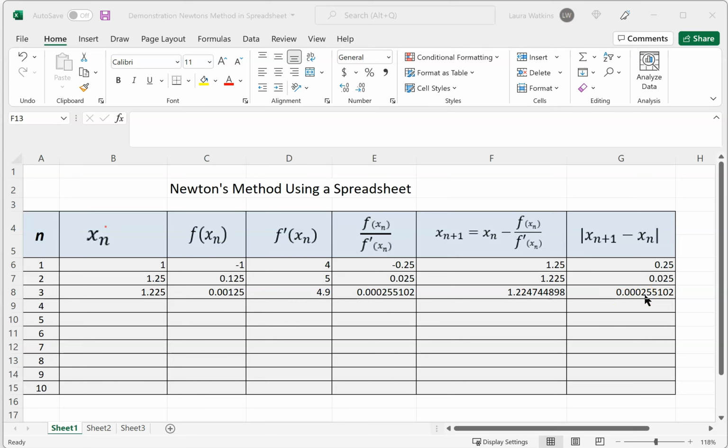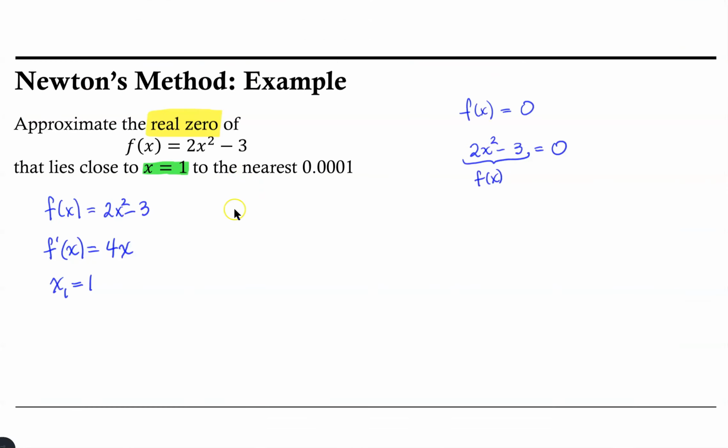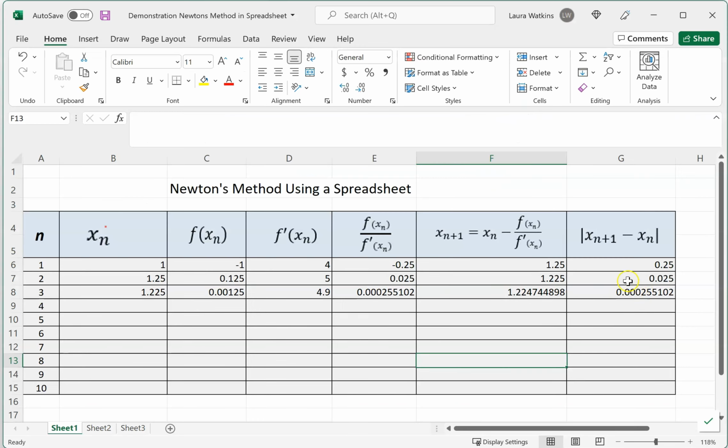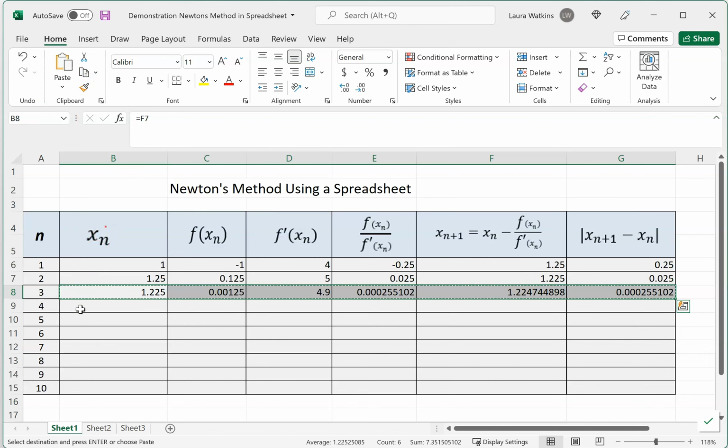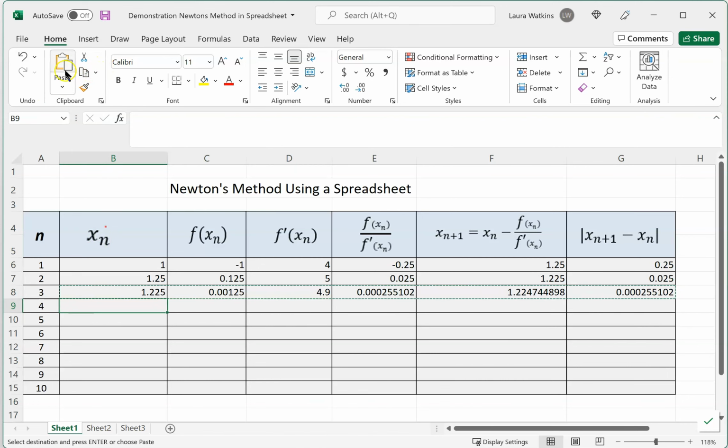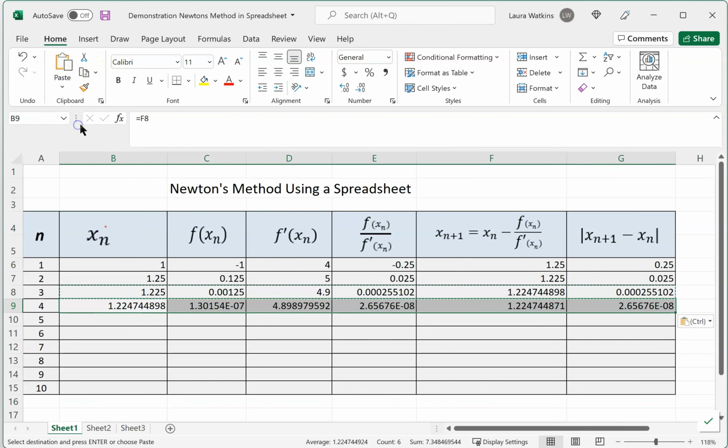Keep in mind that we wanted to be accurate within 0.0001, but we are not quite there. So we need to do another iteration. Again, I'm going to highlight these cells, copy, and paste the formulas in.